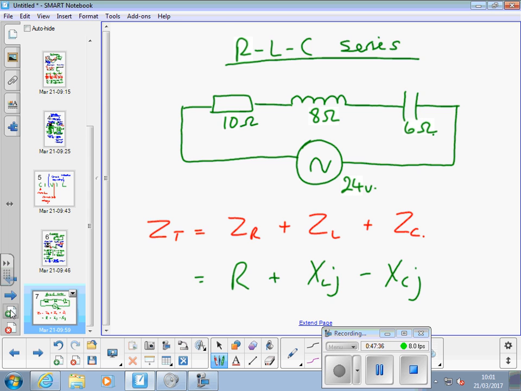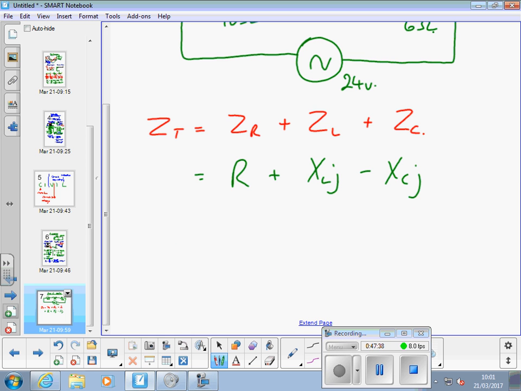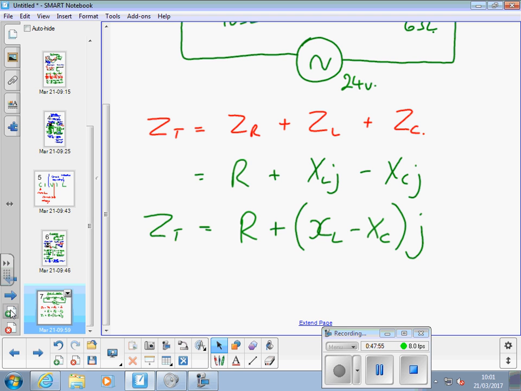And what we can actually do is have an overall formula for the total impedance, that is R plus (XL minus XC)J. Combine those two terms in a pair of brackets. So the overall impedance is the resistance plus the difference between the inductive and capacitive reactances.